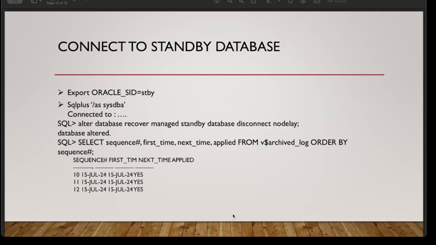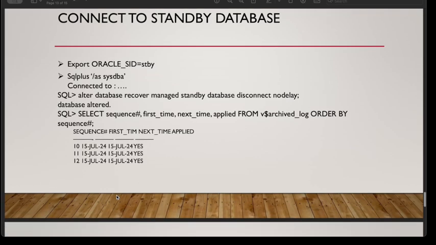You can switch log files 2-3 times and then come back to the standby and run select sequence#, first_time, next_time, applied from v$archived_log order by sequence#. So you can see how many files are copied and applied to the standby.